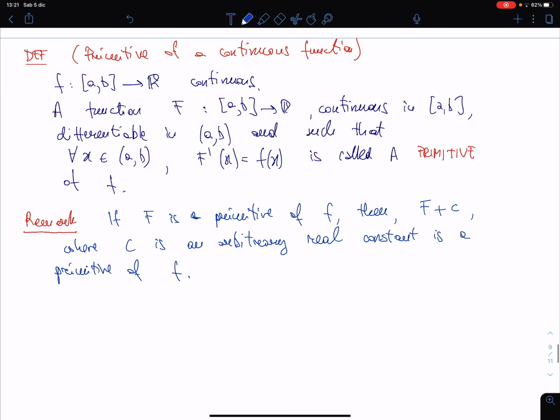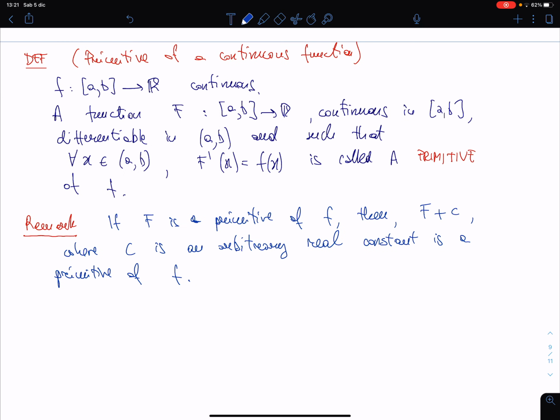So, if a function has a primitive, then it has infinitely many primitives.